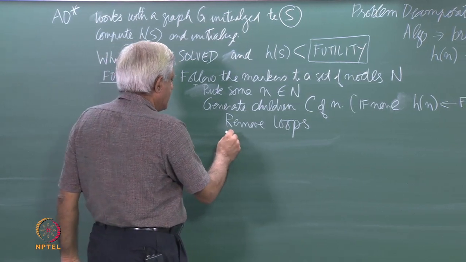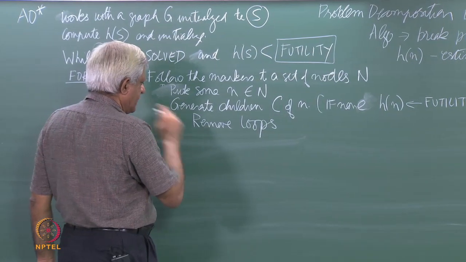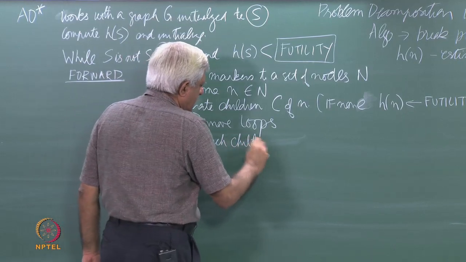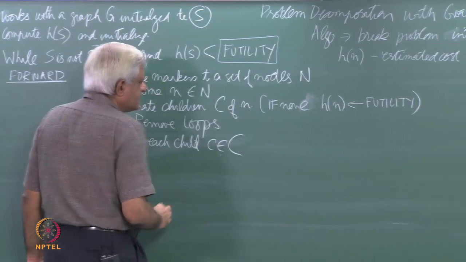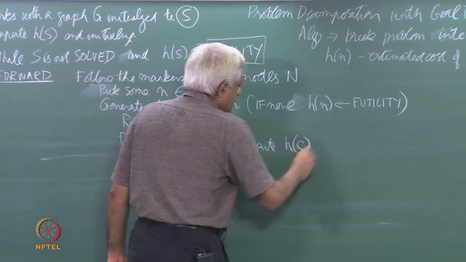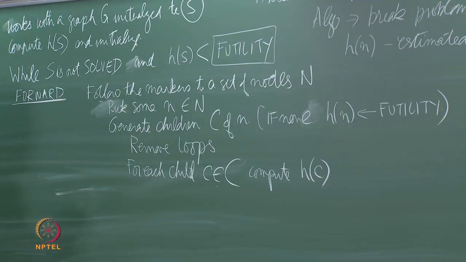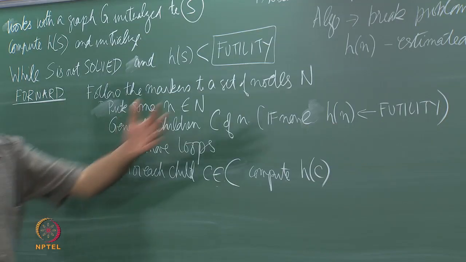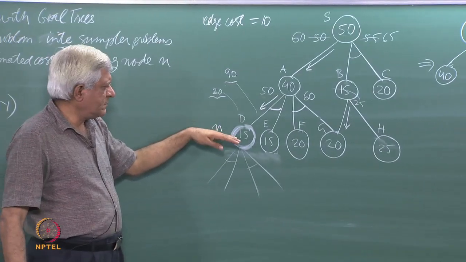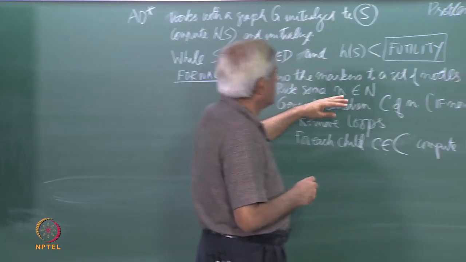Then otherwise add, for each child C belonging to this C, compute H of C. So, this is a forward phase of the algorithm, that in this situation I follow the markers, I will come to a set of nodes n.